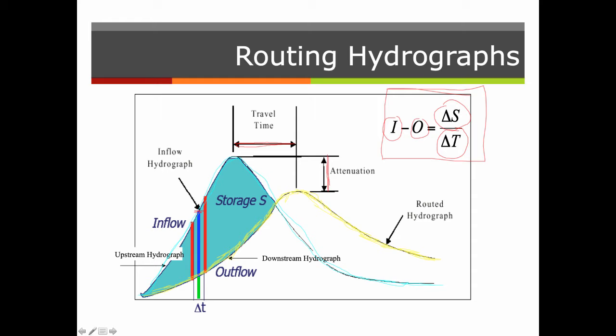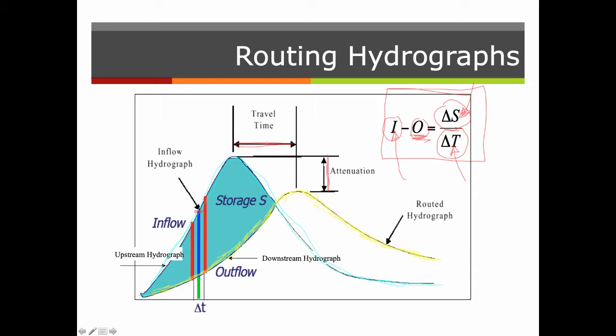Generally, what we're interested in is we're going to know inflow. We're going to know what our time step is. We're going to hope to be able to estimate a change in storage, and we want to predict outflow.